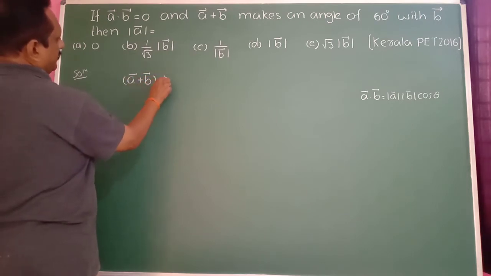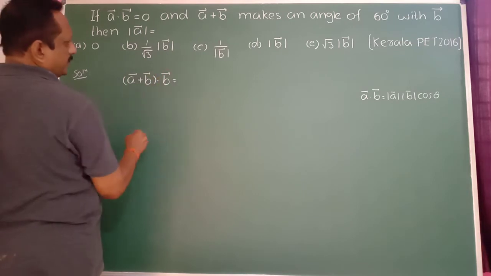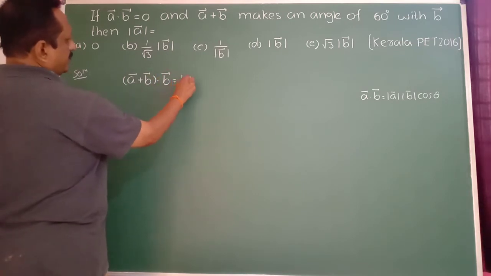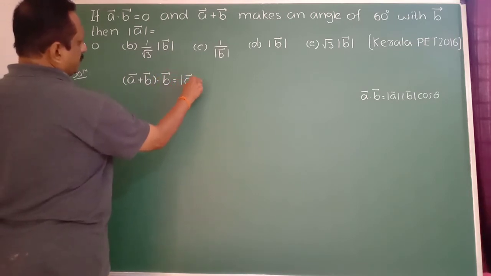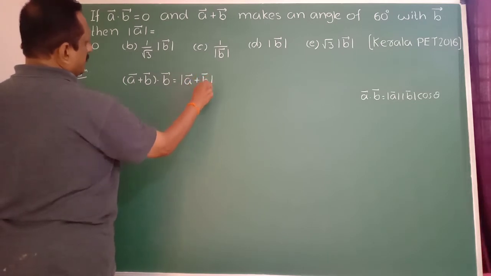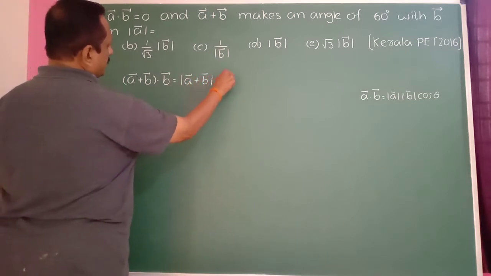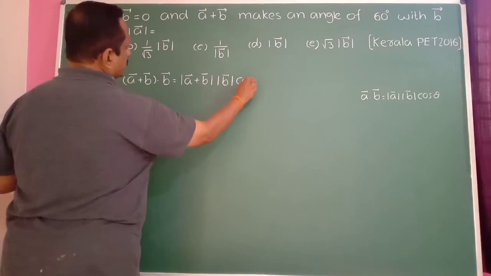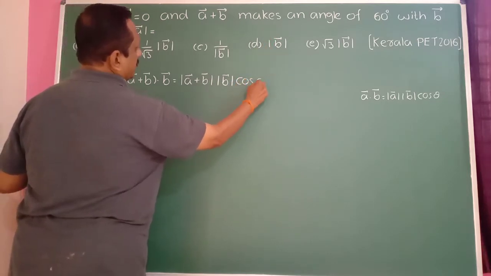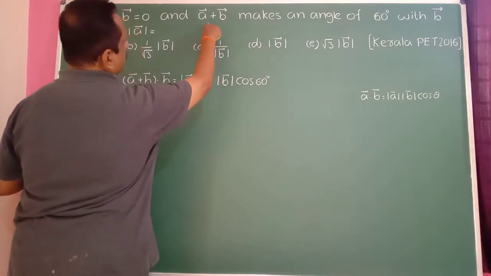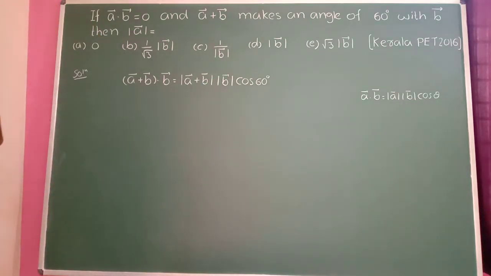dot b bar is equal to modulus of a bar plus b bar into modulus of b bar into cos of 60 degree. They already gave the angle between a bar plus b bar and b bar as 60 degree.